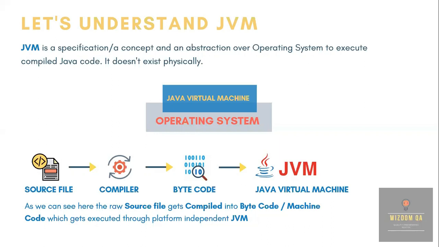Okay, we can see here that a raw source file gets compiled into bytecode, which gets executed through the platform independent Java Virtual Machine. When I say platform independent, I mean that a program created on the Windows operating system can be easily executed on a Mac or a Linux operating system without a hassle, right?